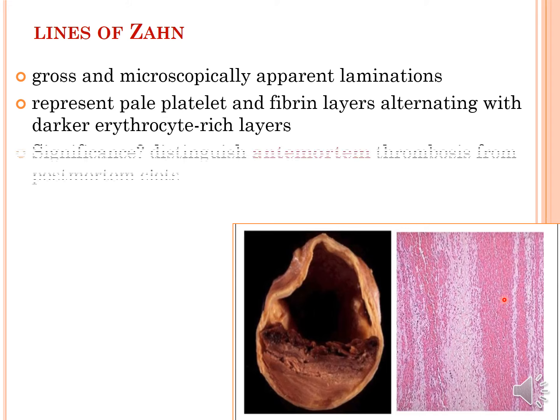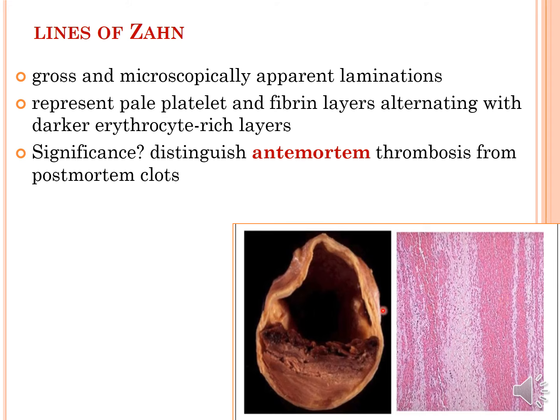The significance of those lines is to distinguish between ante-mortem versus post-mortem blood clots. Ante-mortem means blood clots that form during life. Post-mortem clots are blood clots that form after death. So this is the forensic aspect of thrombosis.